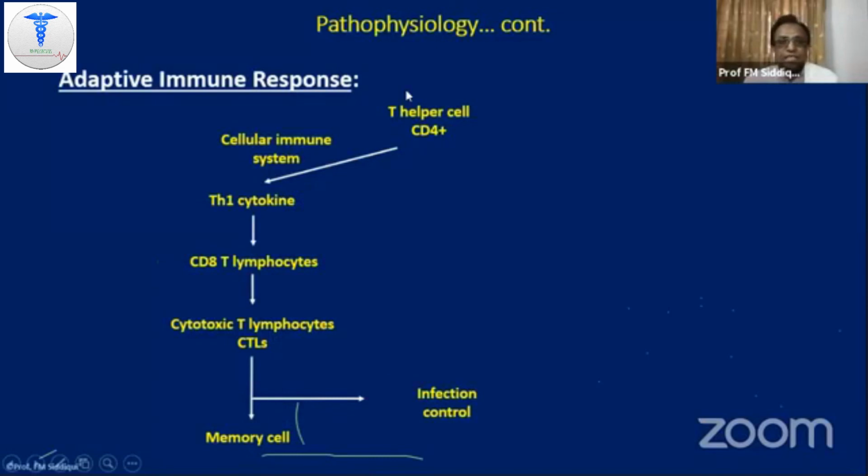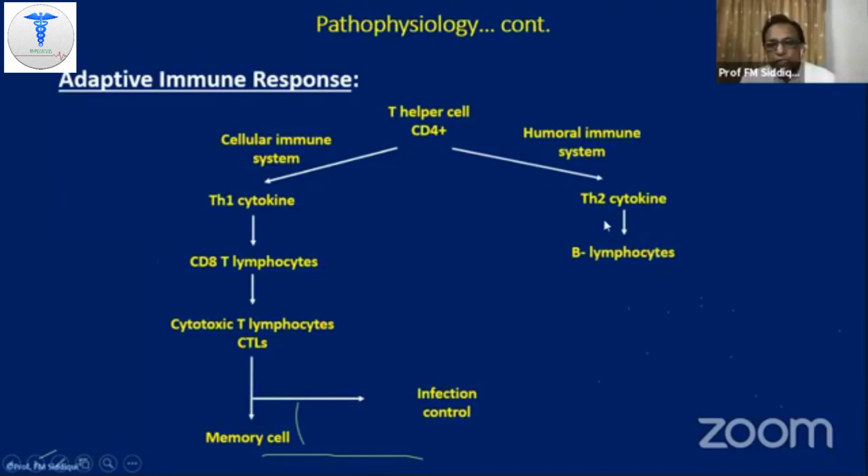As I said, there is another set of cytokines, the T helper 2 cytokines, which are released. And these T helper 2 cytokines, once released, act on B lymphocytes. Under the stimulation of T helper 2 cytokines, B lymphocytes start proliferation in thousands, and they become plasma cells. These plasma cells are highly specific against this virus, and they cause immediate release of antibody.